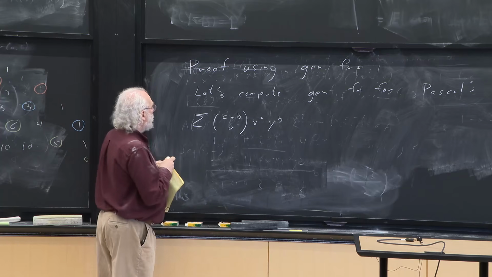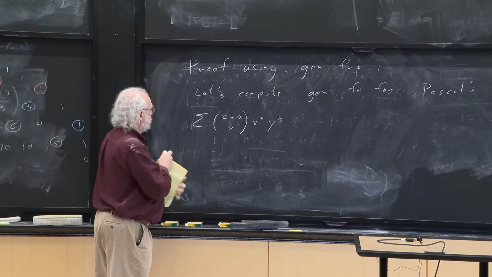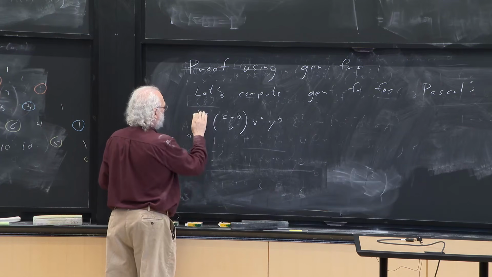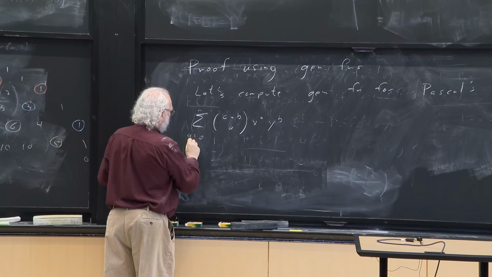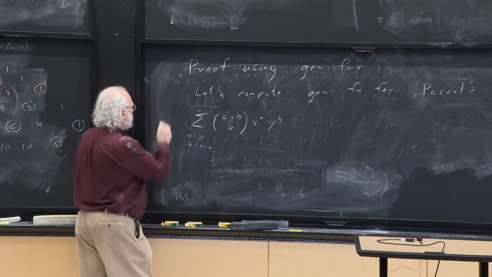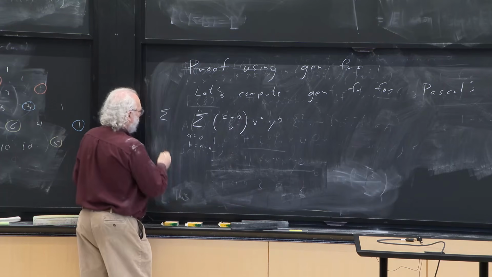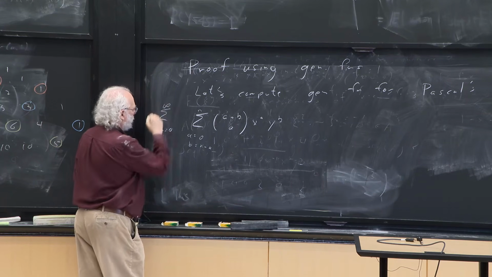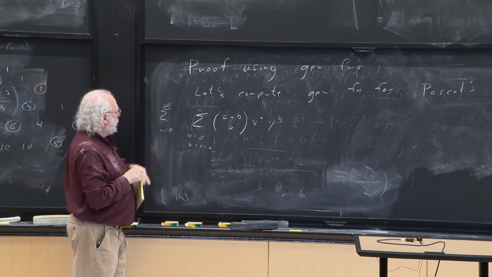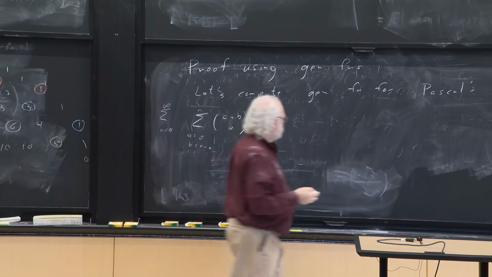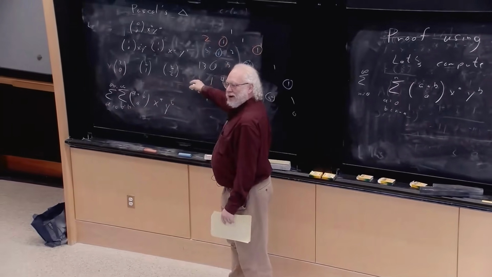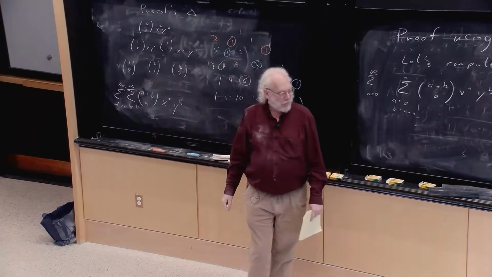So what I want to do is break this up into a equals 0 to n, and b equals n minus a, and then sum n equals 0 to infinity. So I want to break this up and just sum it along the rows first, and then sum all the rows after that.